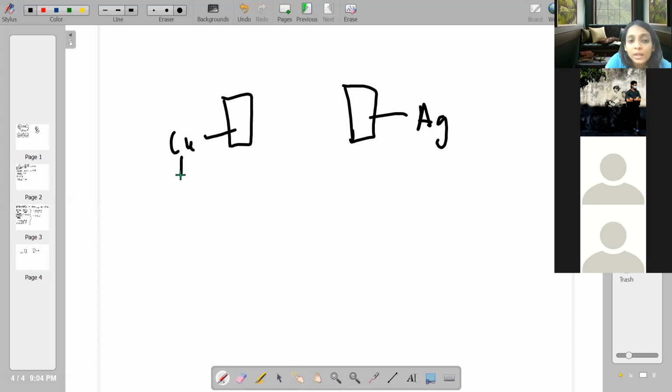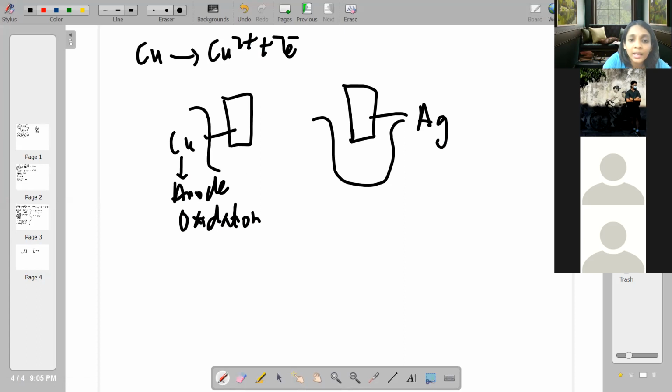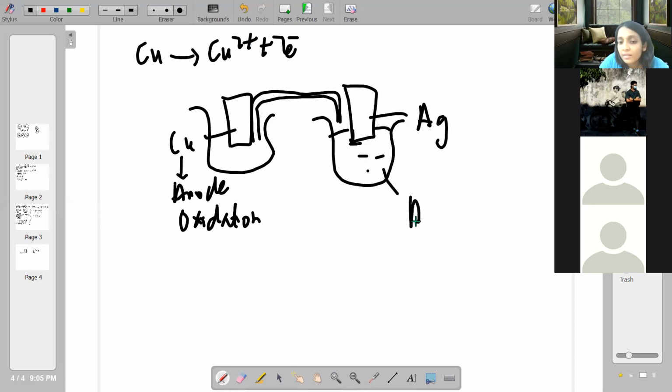So copper here is my anode. Anode always undergoes oxidation. Here, my copper will undergo oxidation where it will donate electrons. On the other side, teacher has silver. If you notice properly in the question, I have my salt bridge here, and then my solution, which I think is silver nitrate.